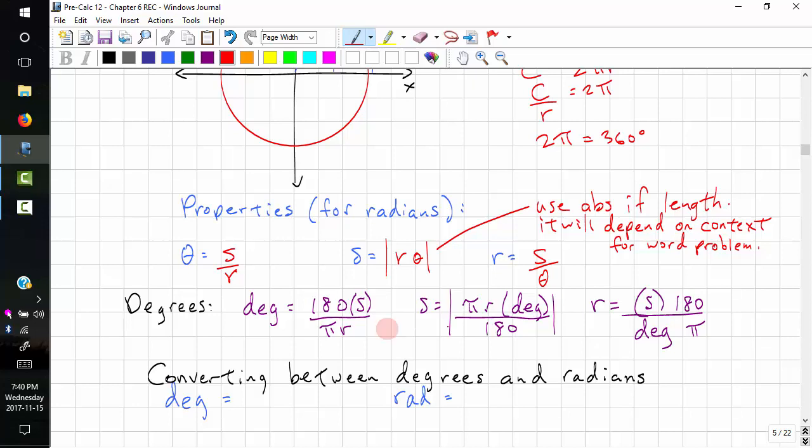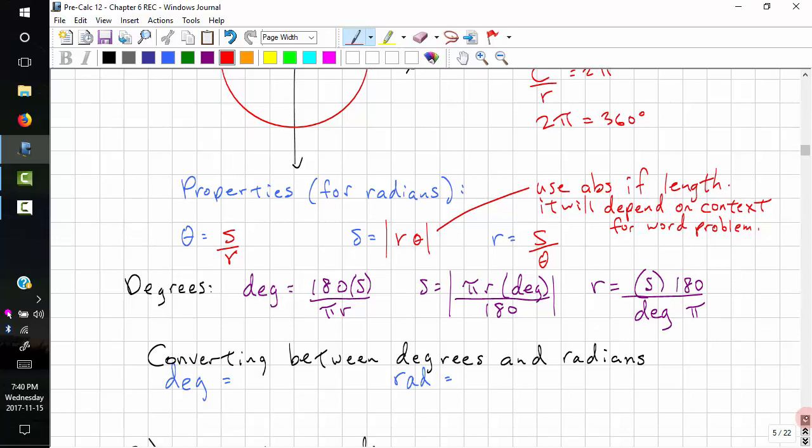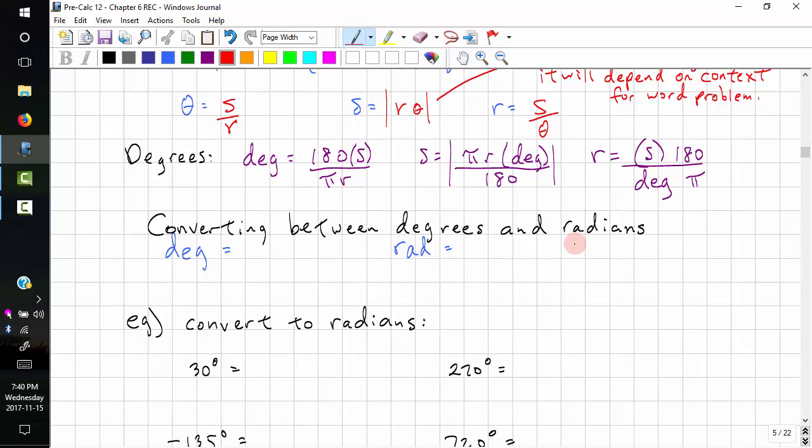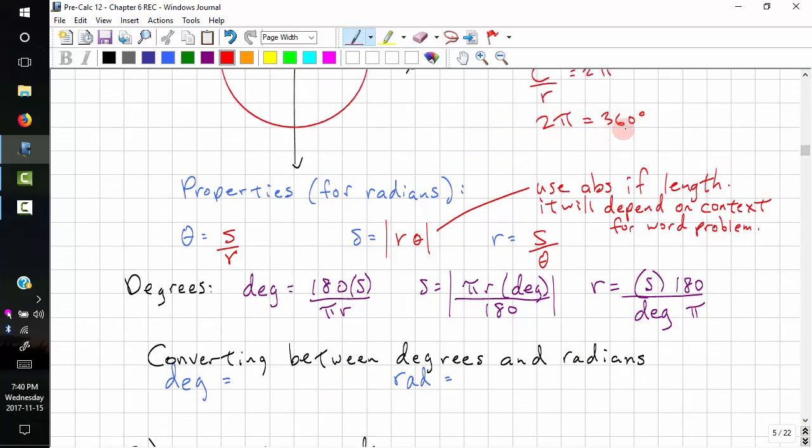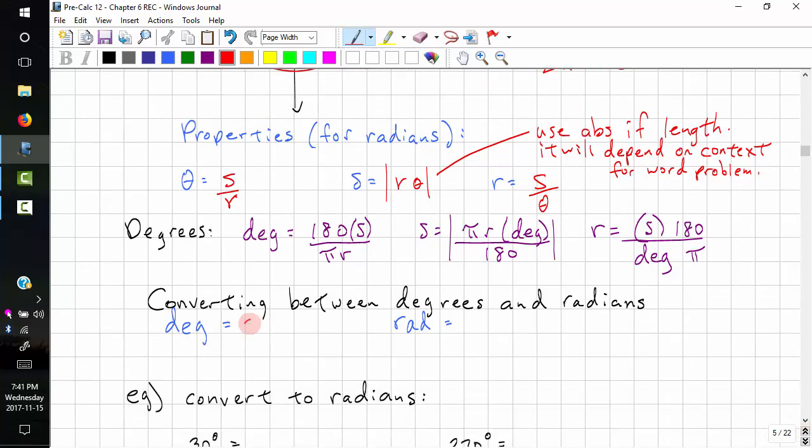We have the formulas in degrees if you like to use degrees, but try to get used to radians. Now, converting between degrees and radians, we use this equivalent, but we'll simplify it. It's 360 degrees divided by 2 pi radians. The radians cancel out, and we can divide by 2.